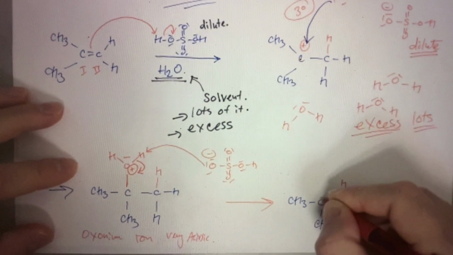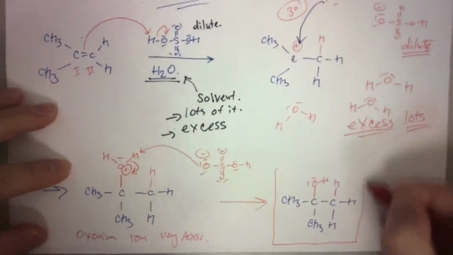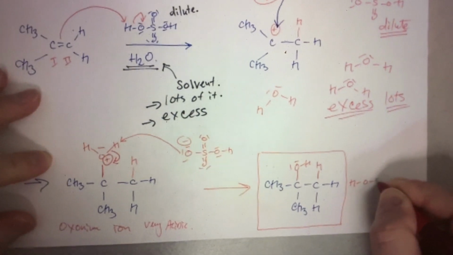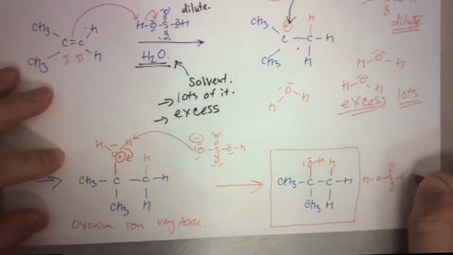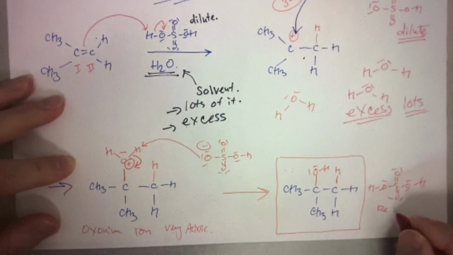Our final product, as we saw in the pre-lecture video, is an alcohol. This is how it works. And the byproduct we make here is sulfuric acid, which we could say is regenerated.